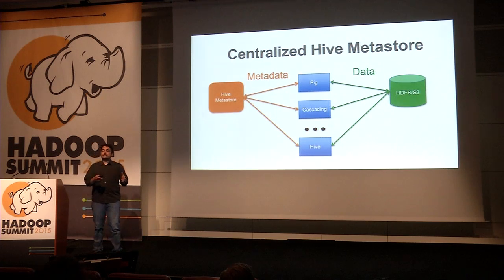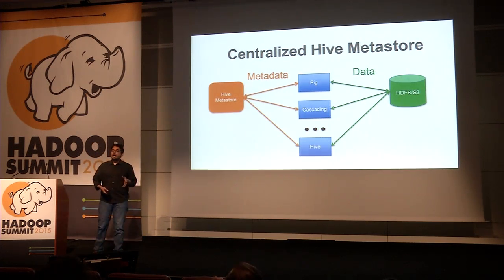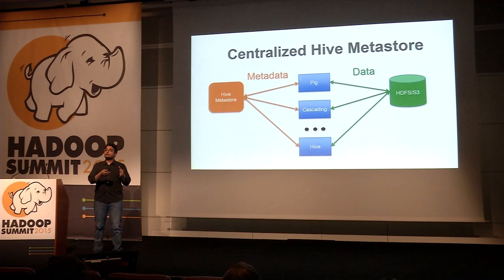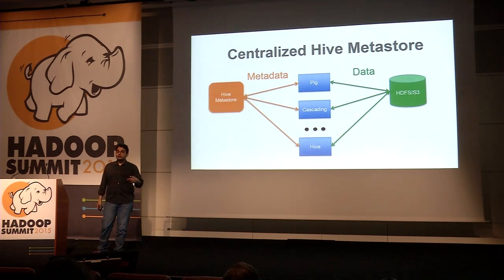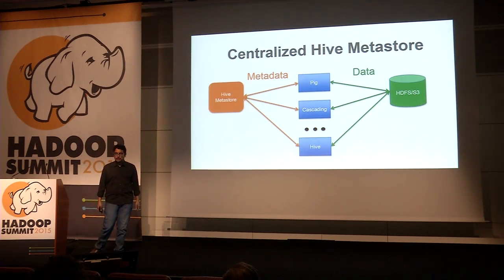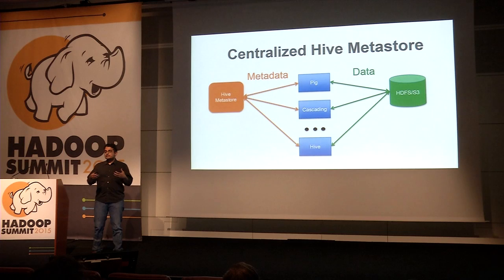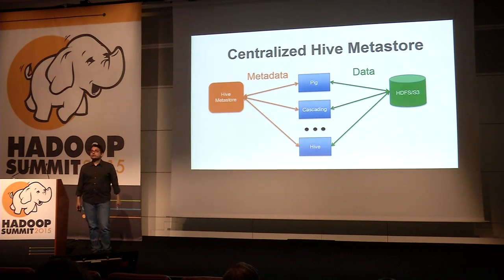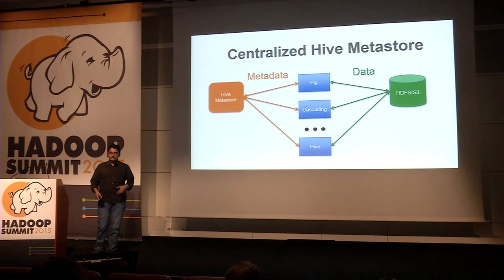We also found that the Hive metastore allows us to keep track of the metadata, not just for the Hive jobs, but also for all the rest of the Cascading or Pig jobs that developers write. So while the real data is on S3 or the local HDFS of a Hadoop cluster, the Hive MySQL stores the centralized metadata.